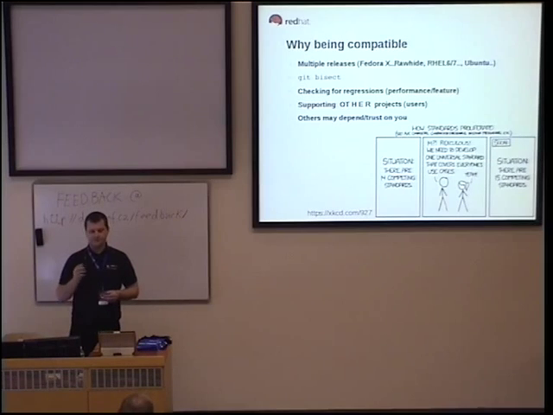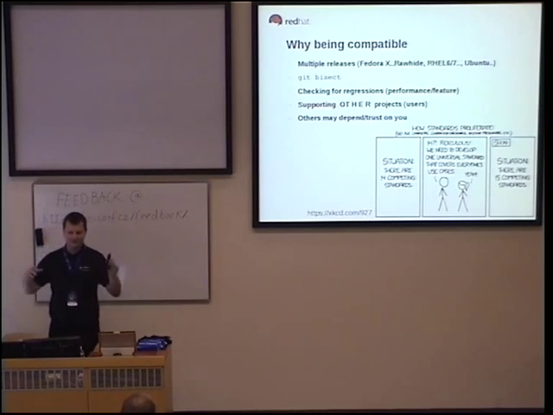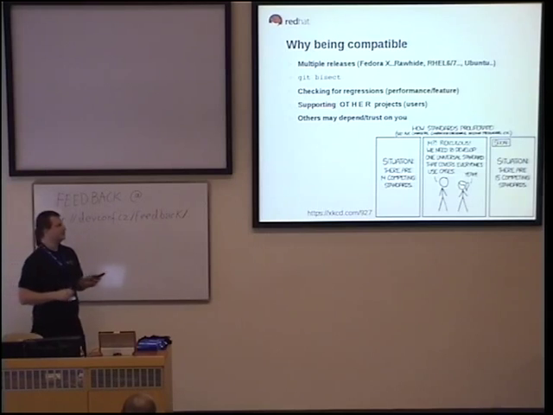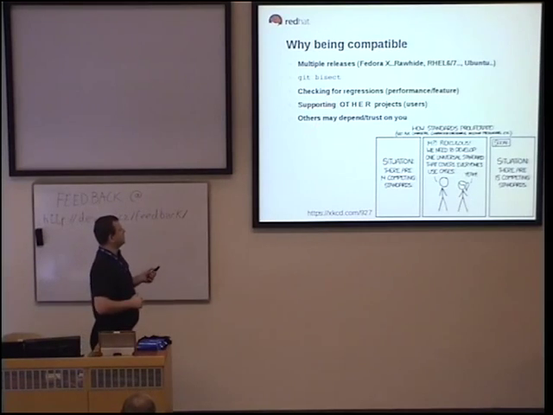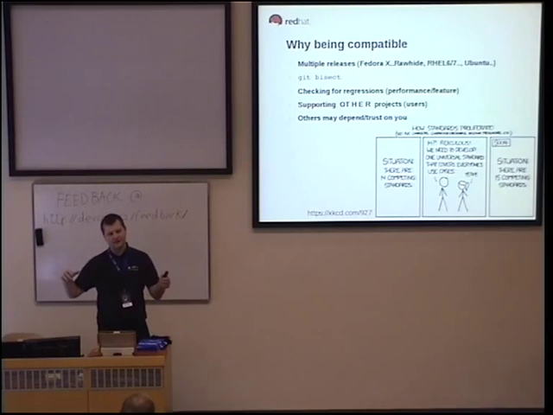Of course, by making your project compatible, you support your users. They will be grateful for that because you make their life easier. And sometimes I miss that from other projects. And of course, the very important point is that others may depend on you. So if you provide a compatible API and you stick to it for many years, then other users will depend on it and will trust that you are doing your work in a good way.